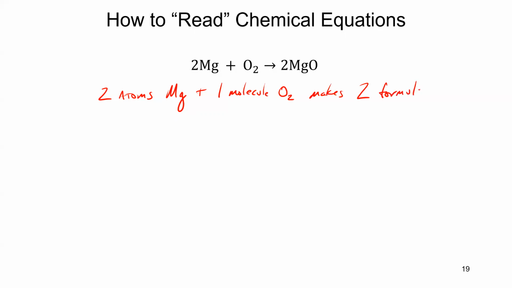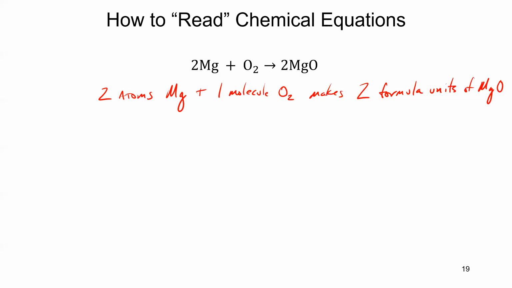So 2 formula units of MgO. So that's one way that we can think about this reaction: 2 atoms of magnesium react with a molecule of oxygen to form 2 formula units of magnesium oxide.